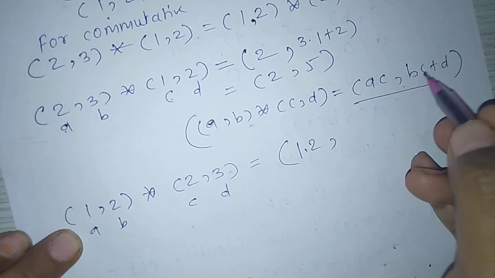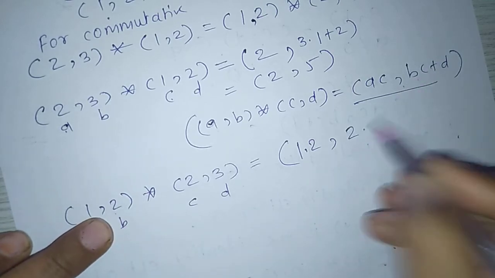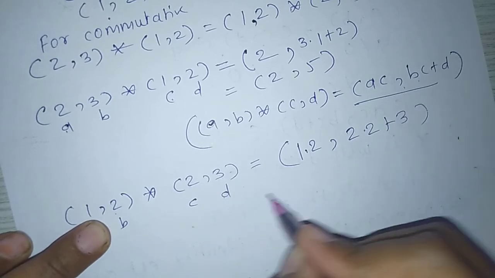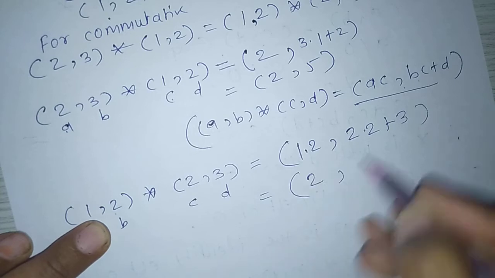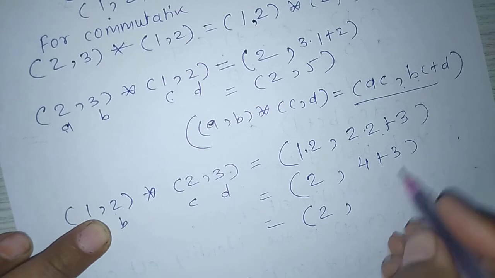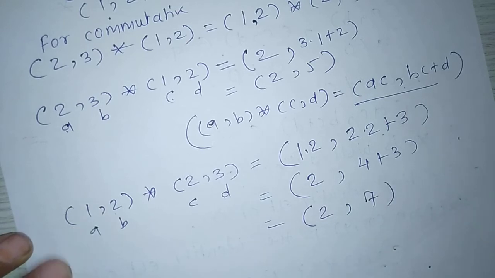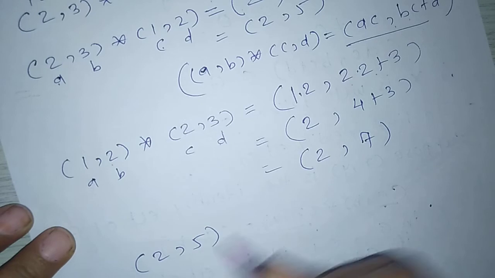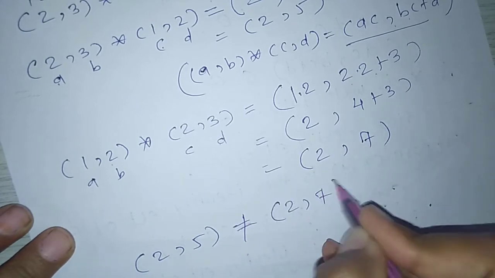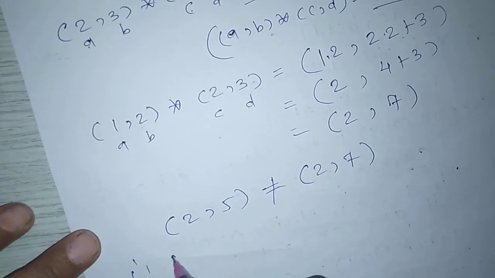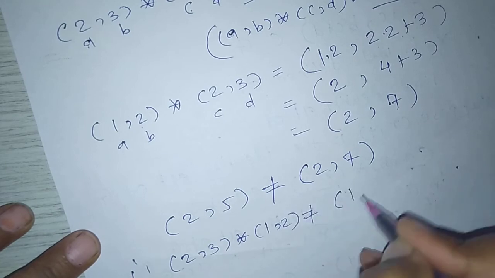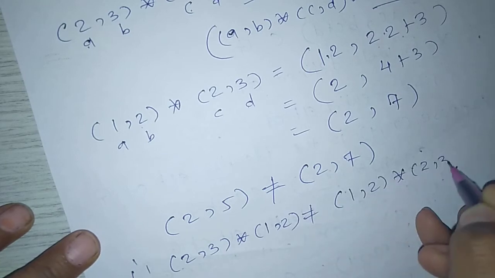Next b into c plus d: b is 2, c is 2, plus d equal to 3, which is 2 into 2, 4 plus 3, 7. Here we get (2, 5) and here (2, 7), which are not equal. Therefore, (2, 3) star (1, 2) is not equal to (1, 2) star (2, 3).